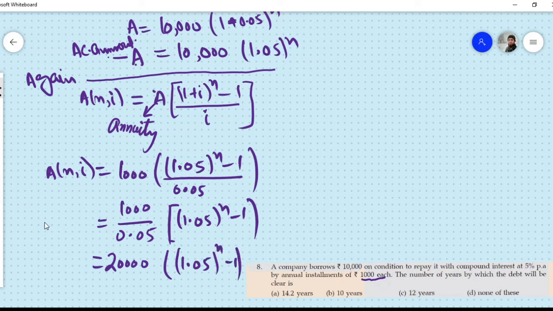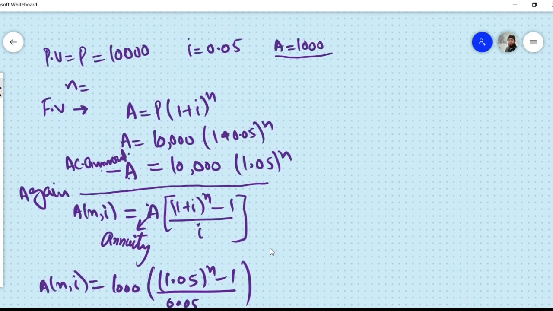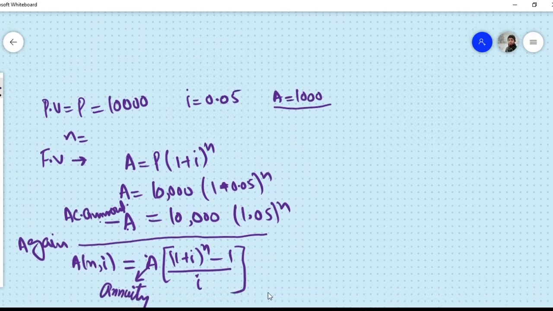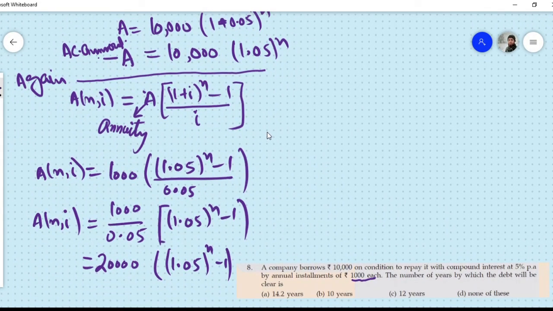But remember, A(n,i) is the future value, that is, the total we have to pay, and the same amount was found when we solved the other equation.